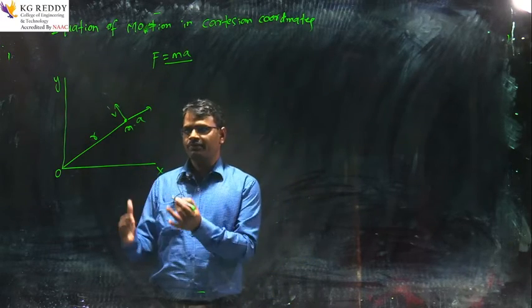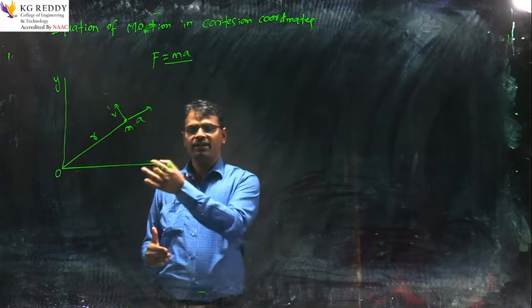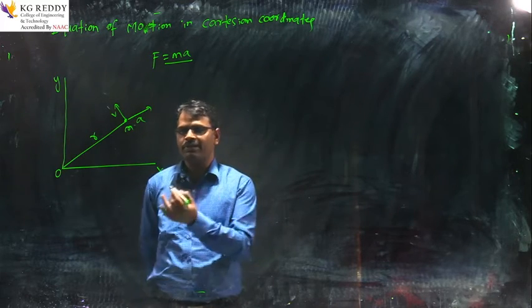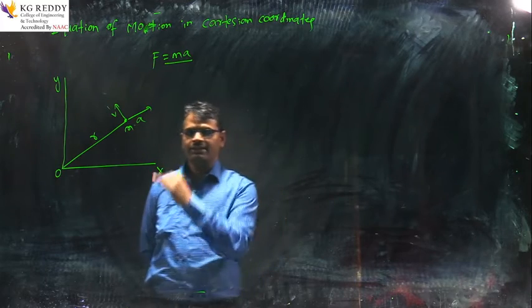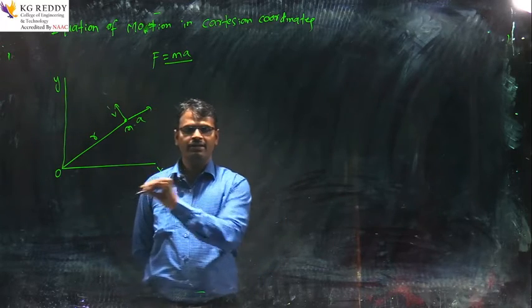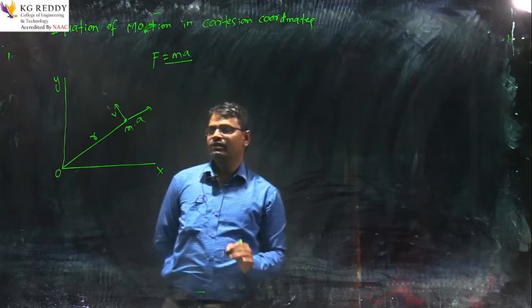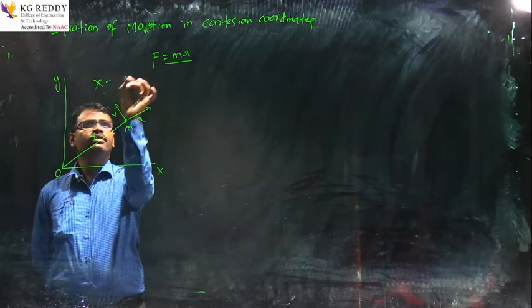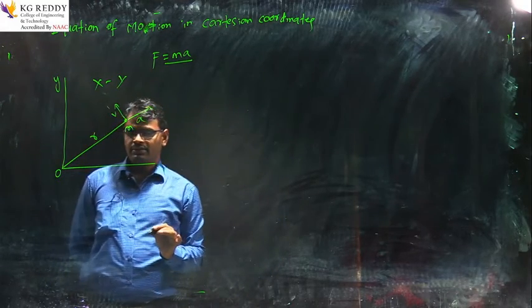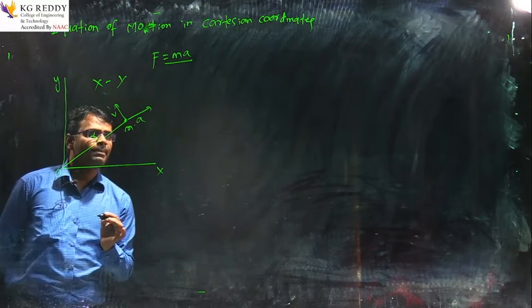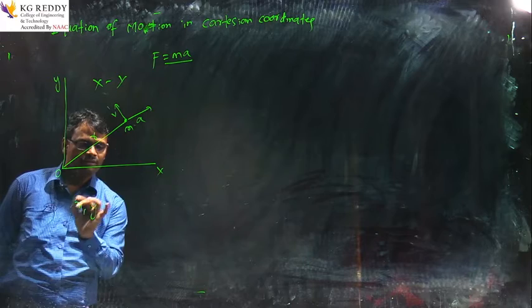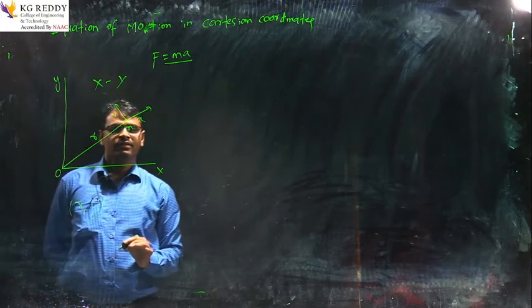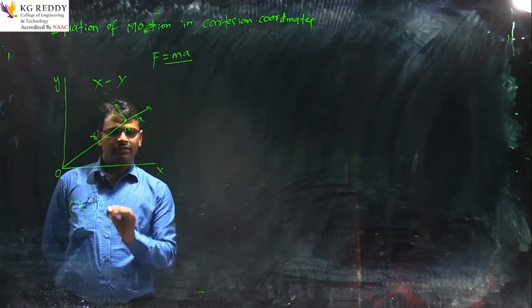If you observe this diagram carefully, both velocity and acceleration are perpendicular to each other, and the velocity is parallel to the x axis. This is the xy plane. In this diagram, x comma y are the coordinates.